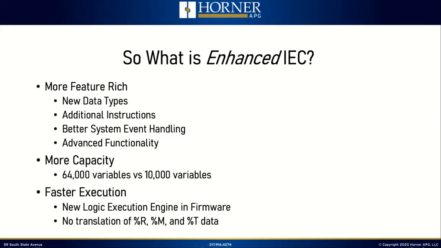Remember, that's the companion version of firmware that goes along with Cscape 9.9 Service Pack 4. So when you load that firmware into, let's say, an XL4 or an XL7, you're actually adding a new logic execution engine for IEC that removes a few bottlenecks and offers a tremendous increase in performance versus what we have offered to date with standard IEC.